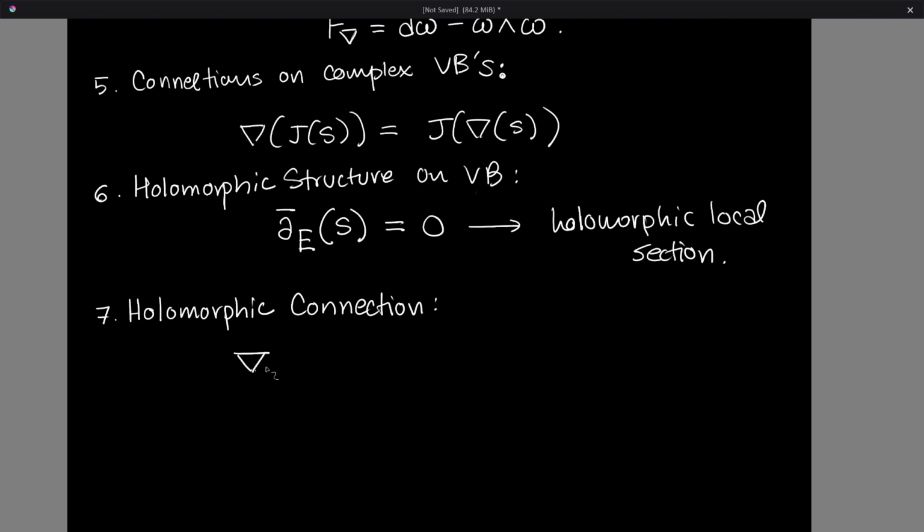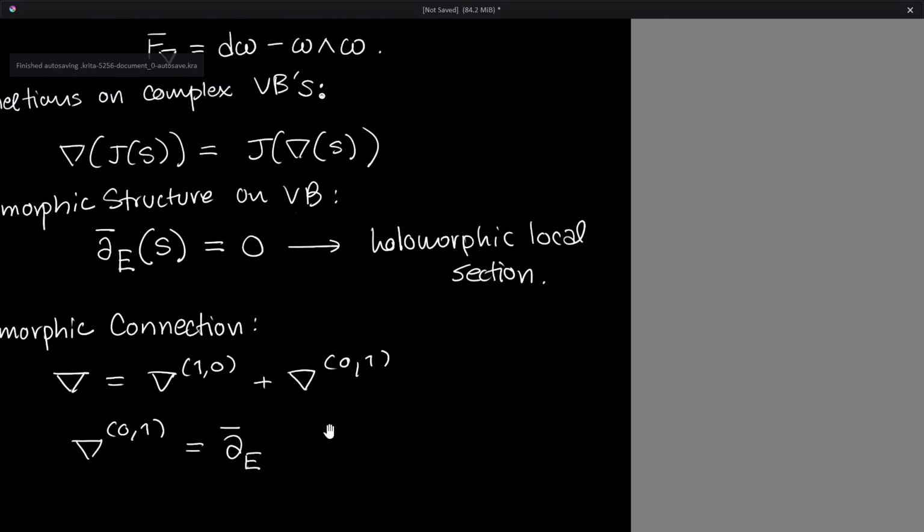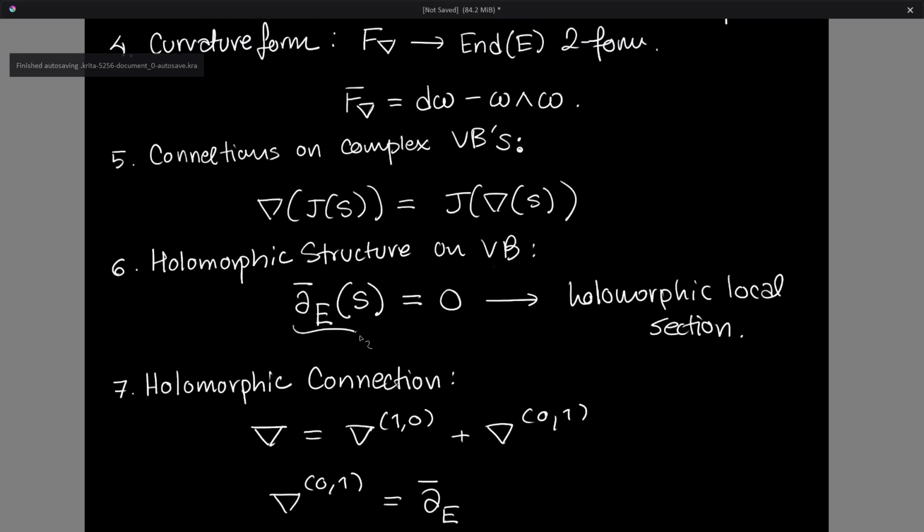So we split nabla into nabla 1 0 and nabla 0 1, and we said nabla 0 1 has to equal the canonical Dolbeault operator. And so the significance of this, I forgot to mention, is that this looks like the CR equations, and it's a generalization of the CR equations.